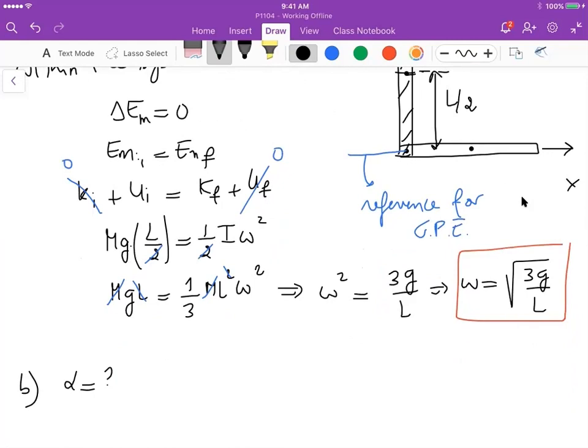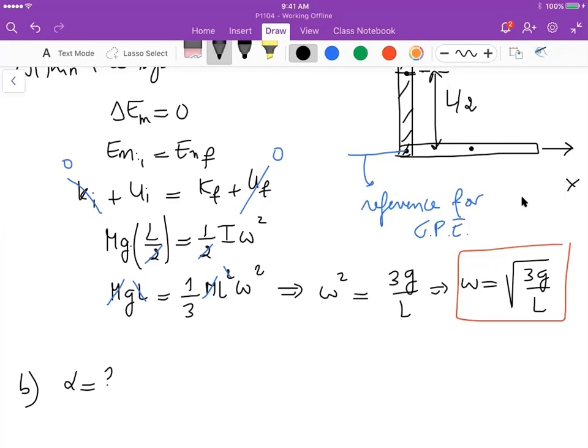In this case, we know how much is omega in the horizontal position. But actually, we cannot apply the kinematic equations that we have seen in the course. So we cannot conclude what is alpha based on the value of omega in the final state, in this horizontal position.